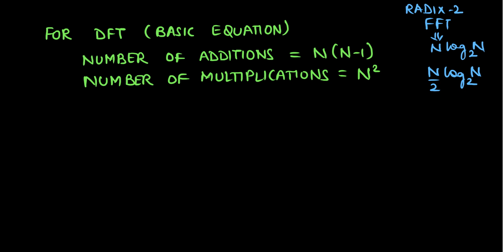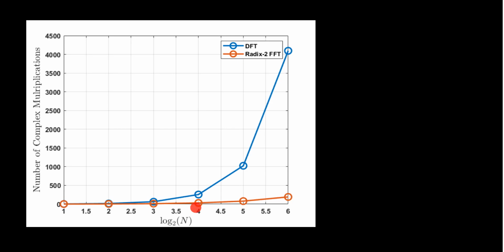So let us try to visualize the number of multiplications for the normal DFT as well as the radix 2 FFT using a plot where on the x-axis we have log N to the base 2 and on the y-axis we have the number of complex multiplications.